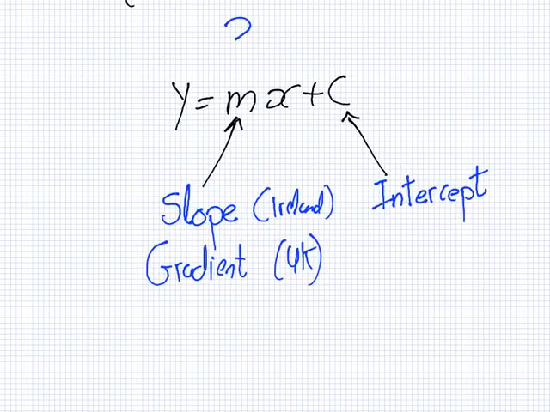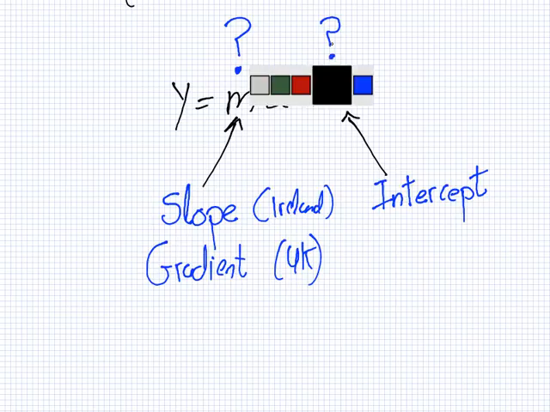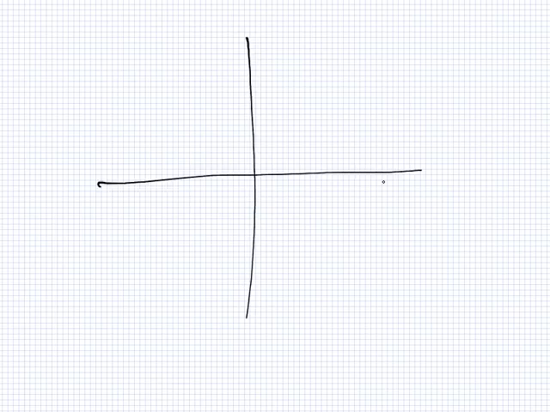So my next question is, what do they represent on the graph? So if I draw my line, what is the slope and what is the intercept? Does anyone know this? Yeah, go on.